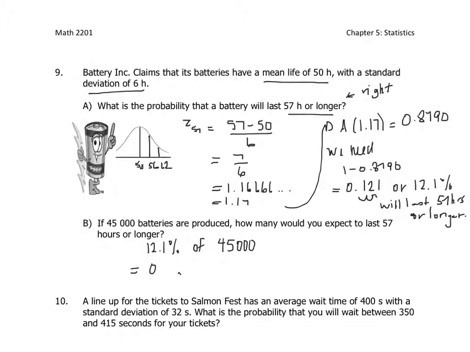So that would be 0.121 times 45,000, which is 5,445 batteries expected to last 57 hours or longer.